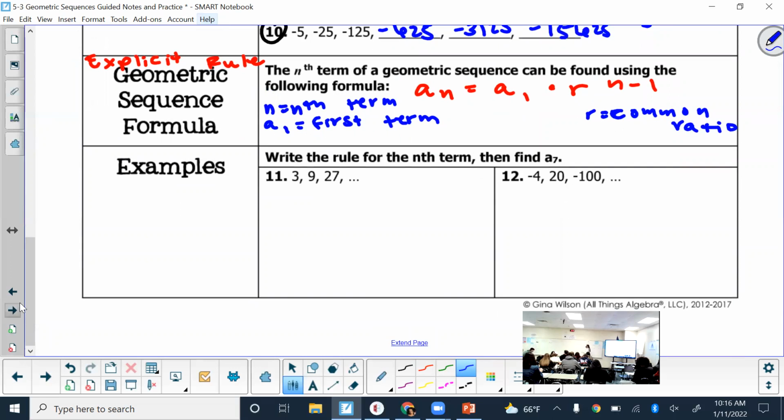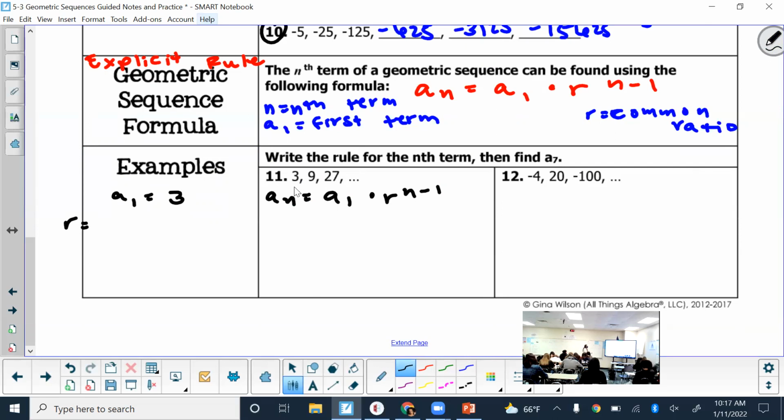All right, so the rule I'll copy over so you guys have it as a reference. But what two things do you need to be able to identify? First term, so what's my first term in number 11? 3. And then I also need to be able to identify my common ratio.